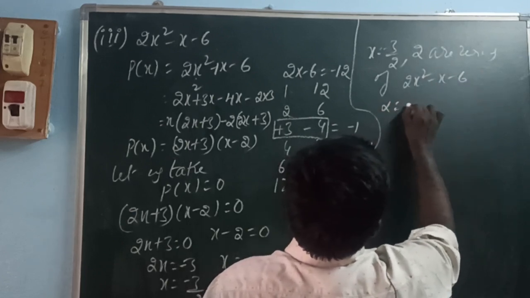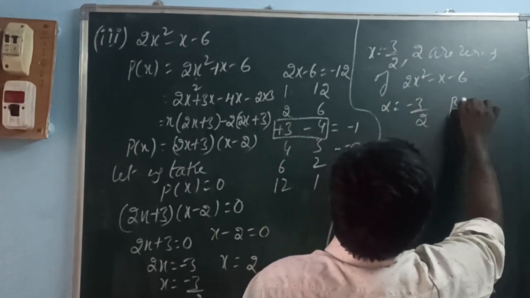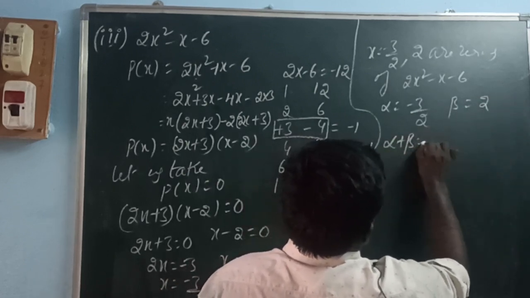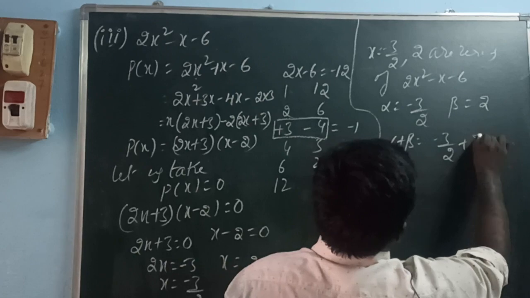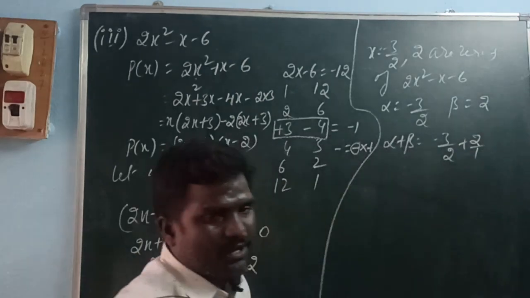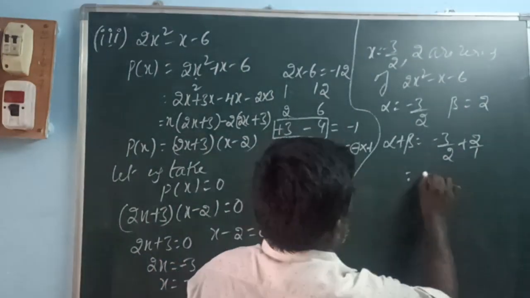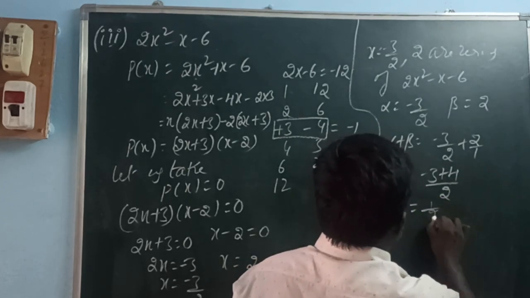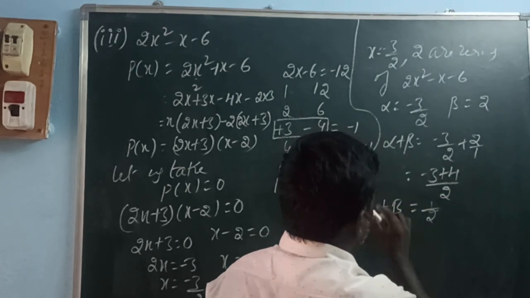Let us take alpha is equal to minus 3 by 2, beta is equal to 2. So the sum of the zeros, alpha plus beta, is equal to minus 3 by 2 plus 2. Here 2 you can write as 2 by 1. So minus 3, 2 2s are 4, by 2: minus 3 plus 4 is 1 by 2. Alpha plus beta is equal to 1 by 2.